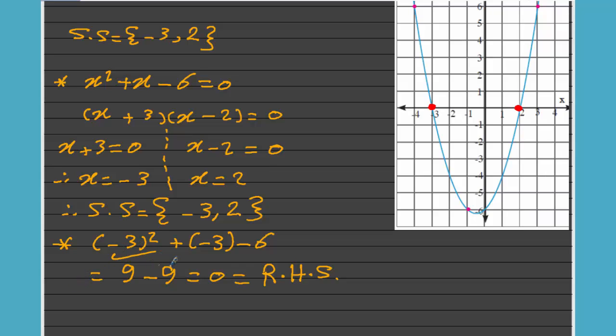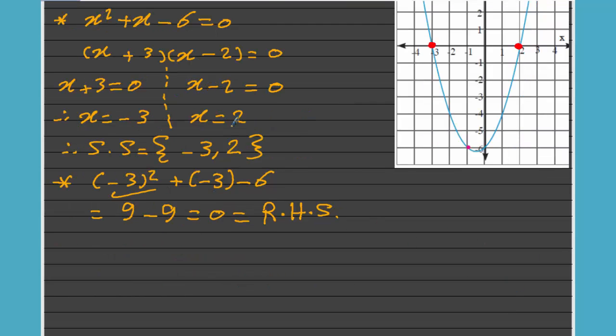Also we can check with respect to 2 like this. In the same equation we substitute x equals 2. So we have 2 squared plus 2 minus 6. This is the left hand side.